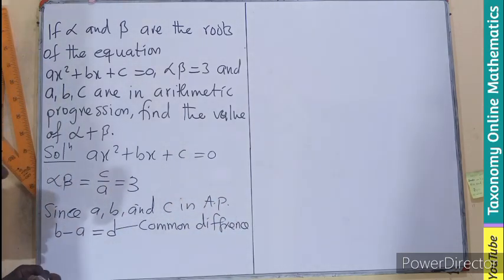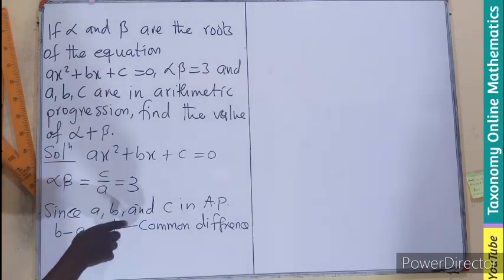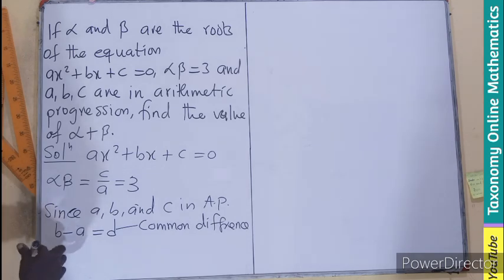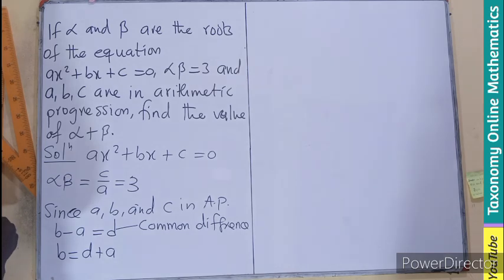But I'm not looking for d. The values I have are a, b, c. So let's make b the subject here. So b equals d plus a, when this one is transposed to the other side.